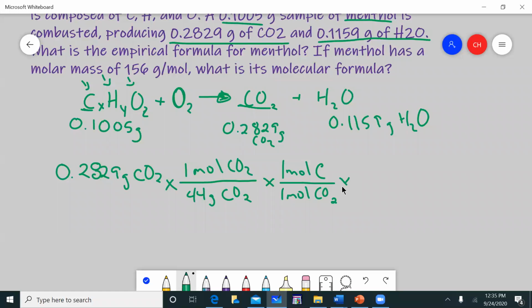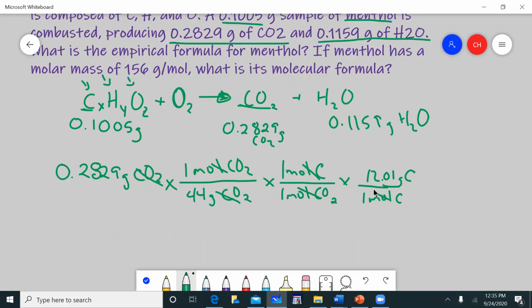Final step is to get this back into grams. For every 1 mole of carbon, this weighs 12.01 grams of carbon. Moles of carbon cancel, moles of the compound cancel, grams of the compound cancel. That's always going to be your combustion system: grams of compound into moles of compound, into moles of individual element, and moles of individual element back into grams.